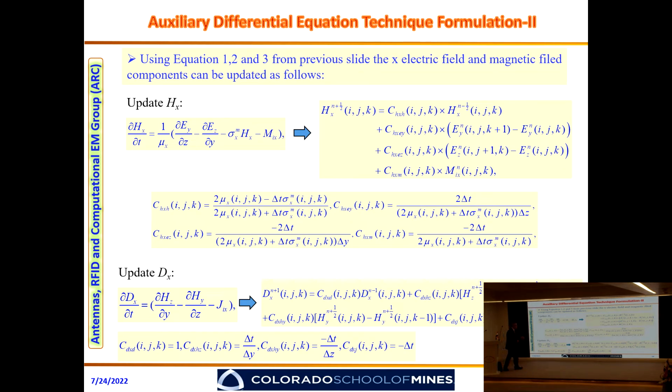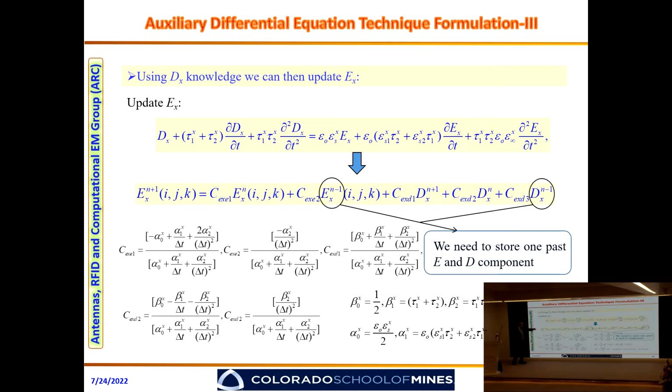This is just an illustration of the H component, again in terms of the coefficients that we have been using before, the same form. And D is going to take the same form of expression with coefficients. Once you get D, you can get E from D values. But you notice here we have to have D at n plus 1, and we need to get E at the future time in terms of the previous times.